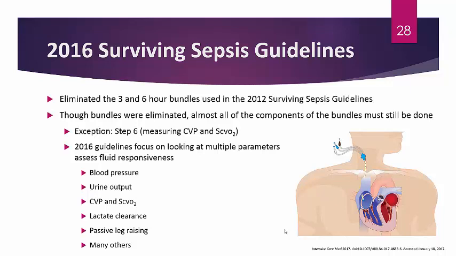They recommend in the 2016 guidelines monitoring different parameters to assess fluid responsiveness, such as blood pressure and urine output. They still mention CVP and SCVO2, lactate clearance, passive leg raising, which may actually show response to fluid, as well as many others.